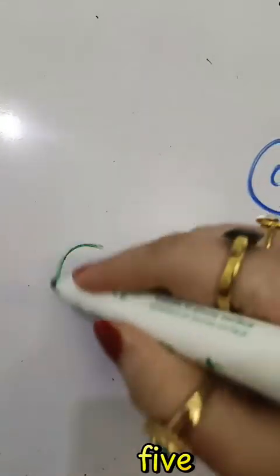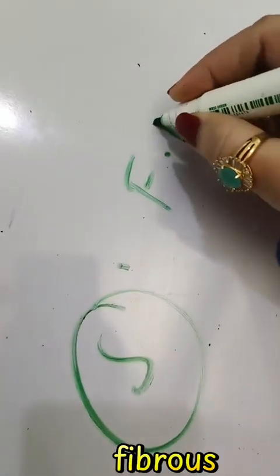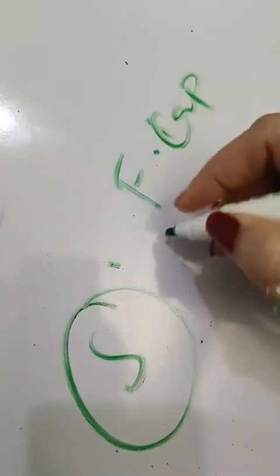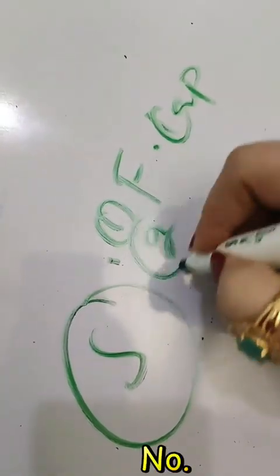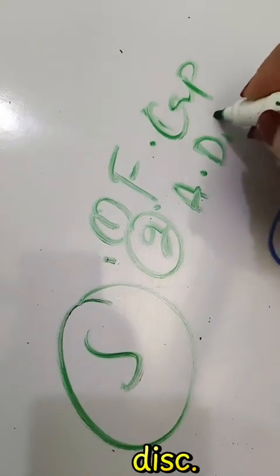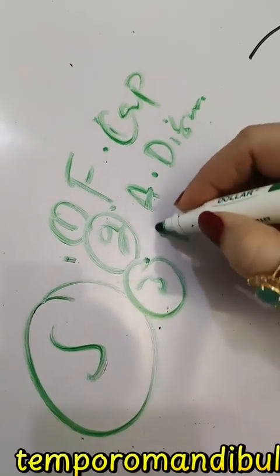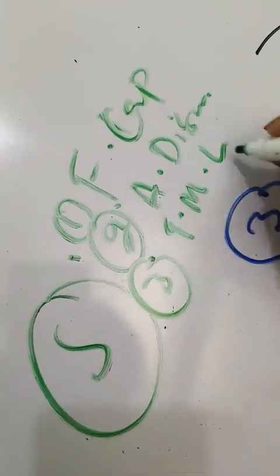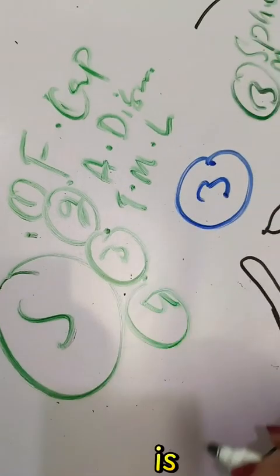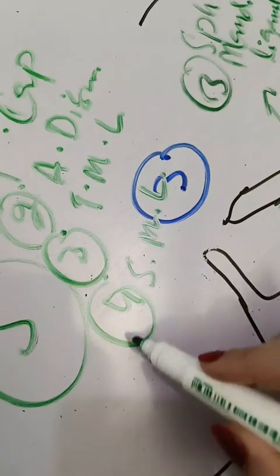Now there are 5 things. Number 1 is the fibrous capsule. Number 2 is the disc, articular disc. Number 3 is the temporomandibular ligament. Number 4 is the stylomandibular ligament.